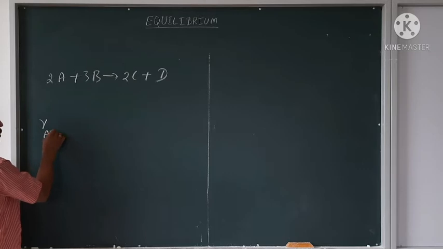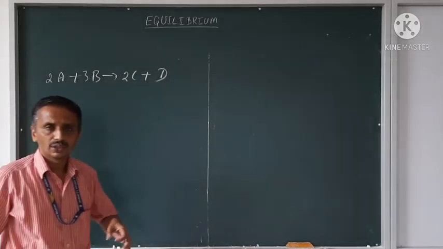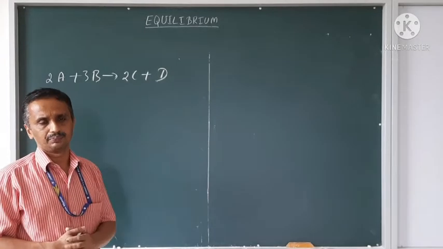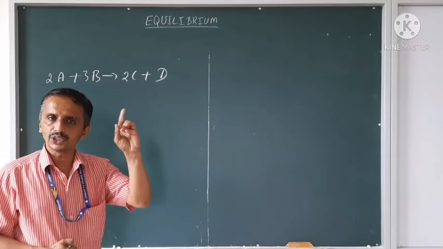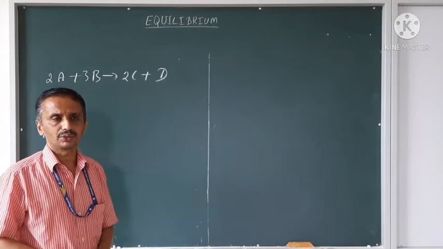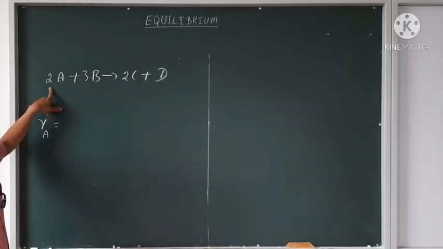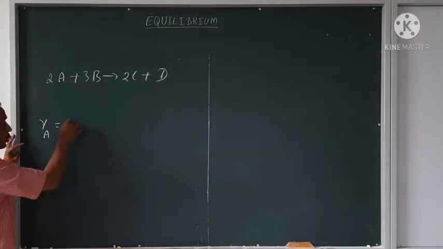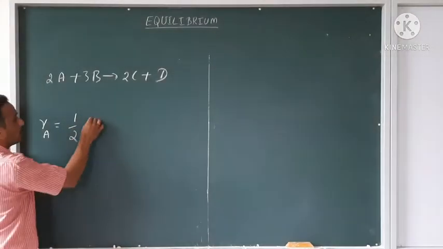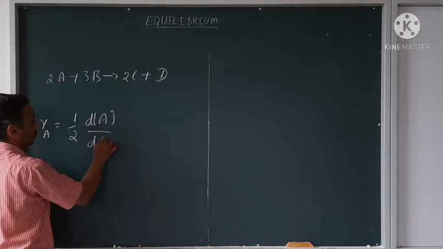Rate with respect to A. What it says? Change in molar concentration with the time, for 1 mole only, 1 mole per dm cube like this. But according to this balanced equation, there are 2 moles. So what you have to do? Half into dA by dt.